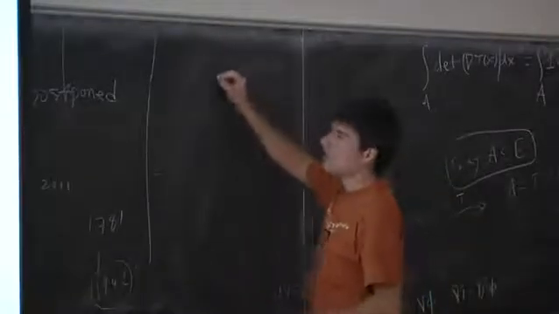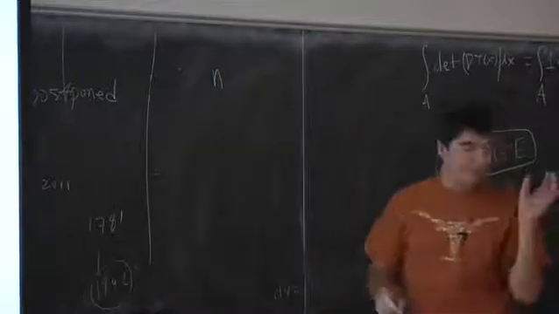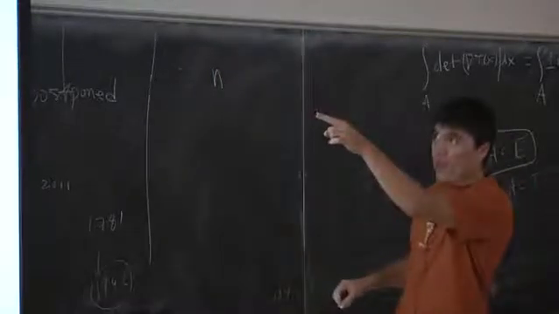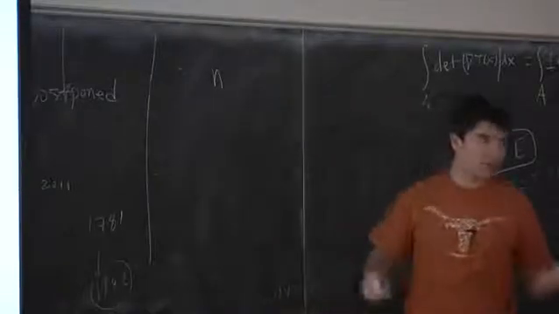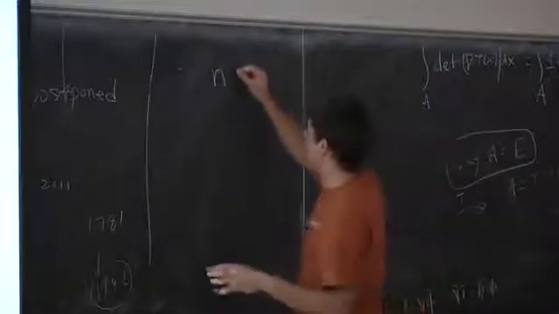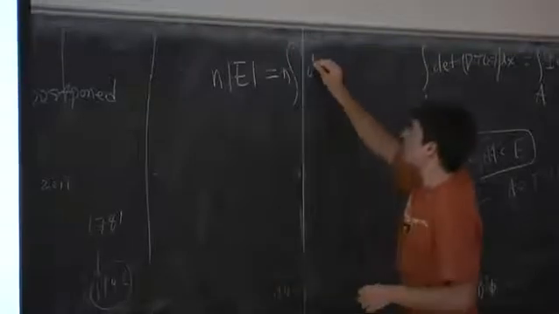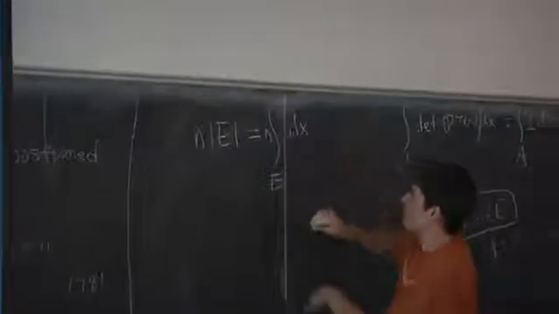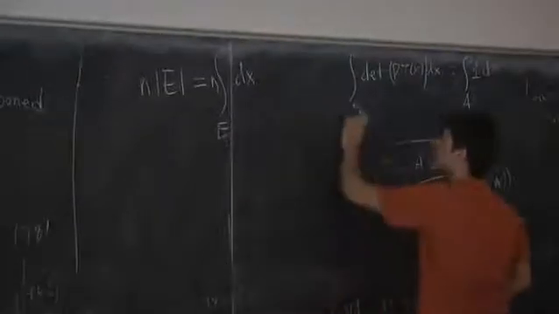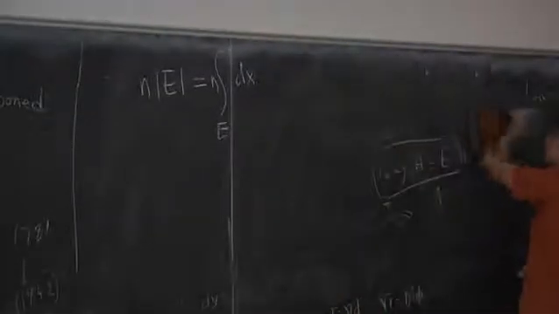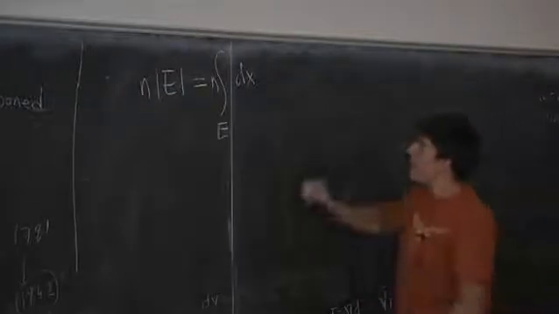Since the measure of B is equal to the measure of E, you can add the exponents, 1 over n plus 1 minus 1 over n. So it's just 1. So you get n times the measure of E is equal to n times dx as x runs through E. But now the determinant is 1 by that change of variable we did.